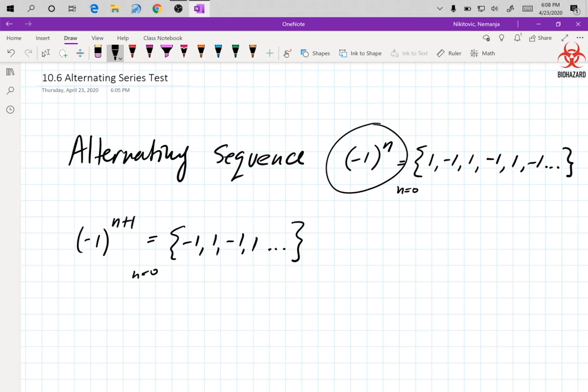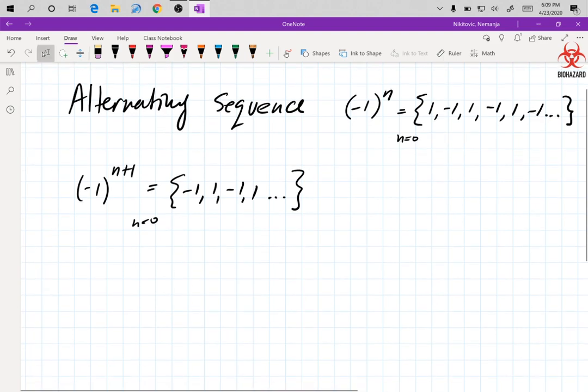So there are many ways in which you can get this alternating sequence. As I said, you can also multiply by any number, and you will get the alternating sequence 3, -3, or 5, -5, 5, -5, and so on.